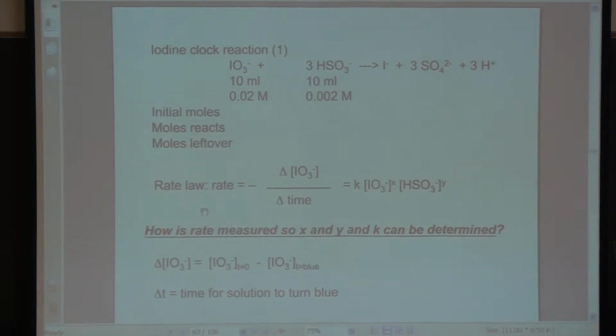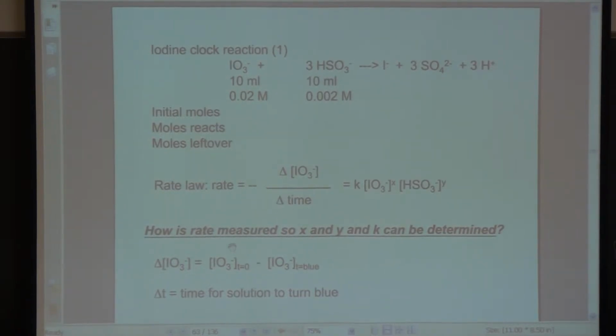The rate law is described by this equation. So the rate is equal to the rate of disappearance of IO3 minus with respect to time. That's equal to the rate constant K times IO3 minus to the X power times the HSO3 minus to the Y power. What you'll do in lab is measure the rate of this reaction by measuring the time.